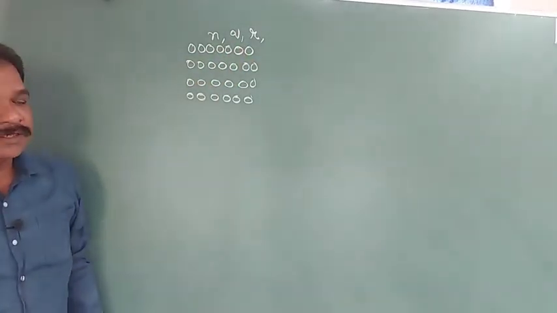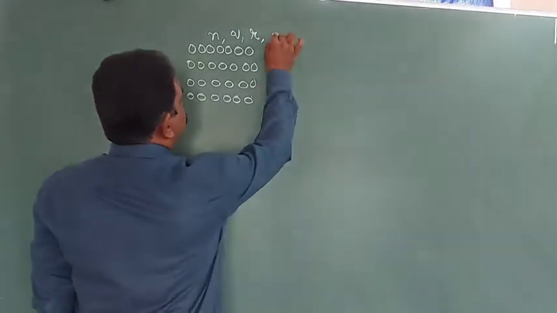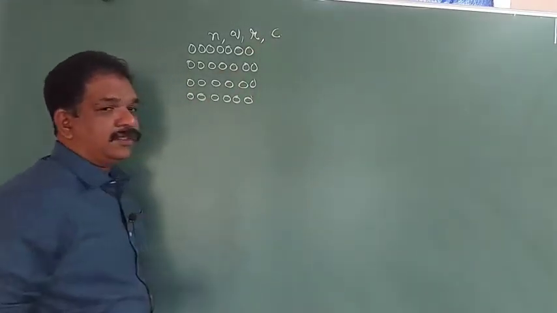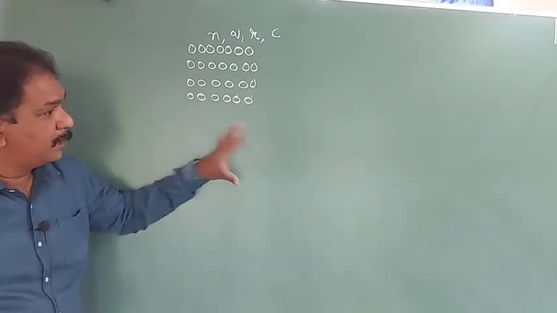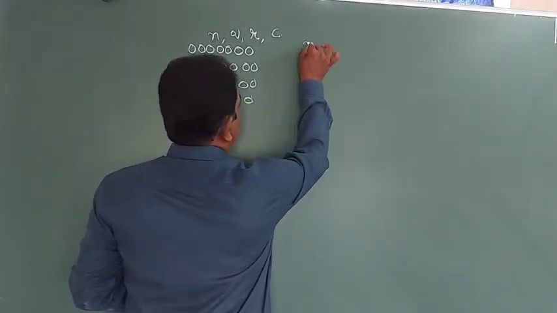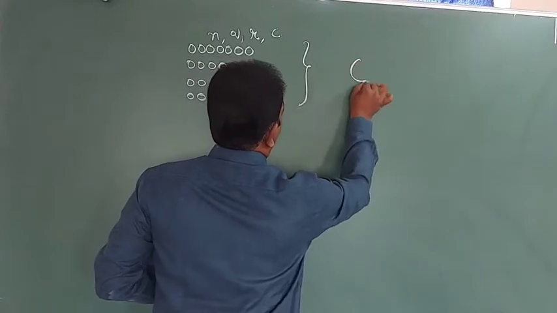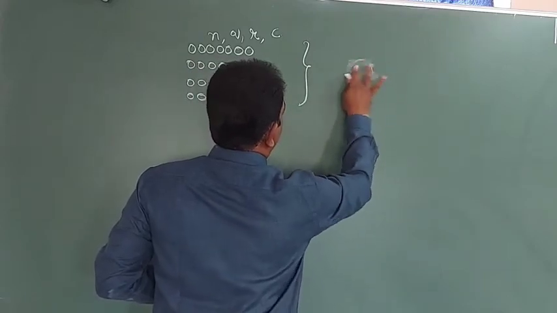Radius of each drop will be r. Capacity of each drop will be c. All these drops are combined, forming a big drop.